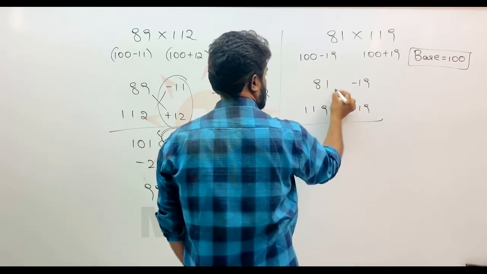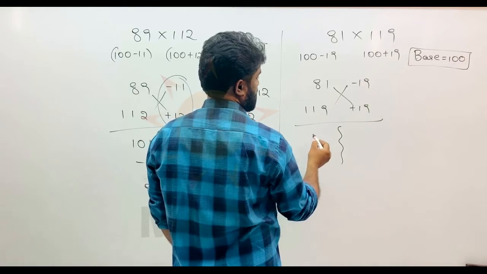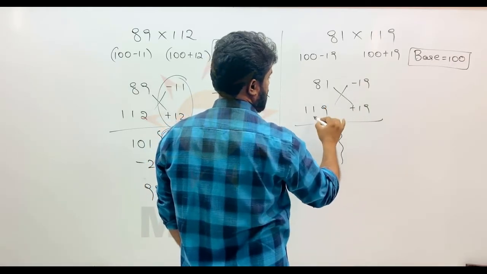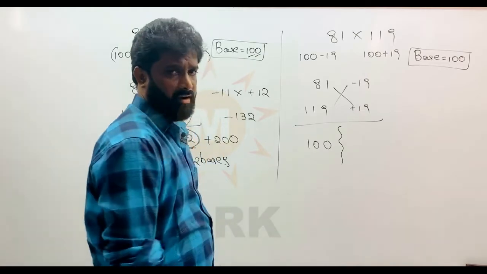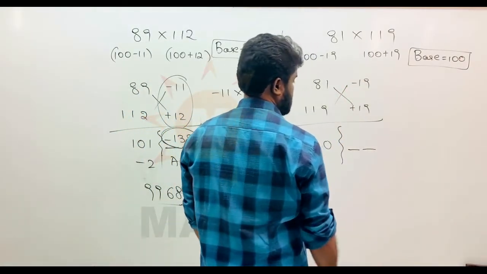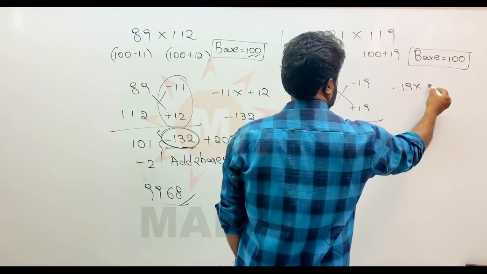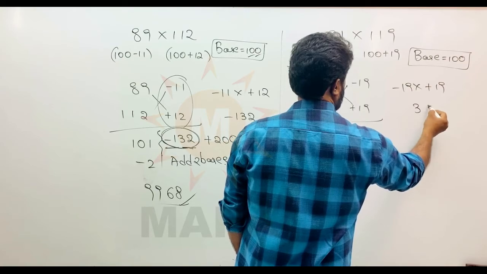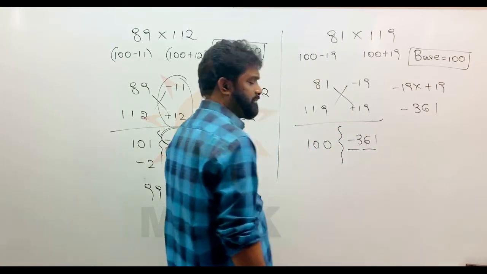As usual, I am dividing my answer into two parts. First I write 81 plus 19, or 119 minus 19, and you get 100. Then the base is 100, so give 2 slots. Minus 19 into plus 19 is minus 361, but we cannot write minus 361, that is meaningless.